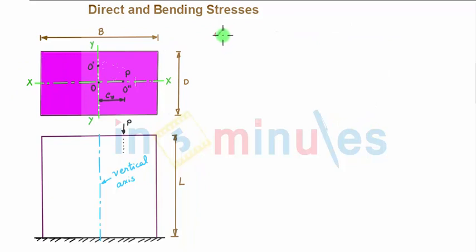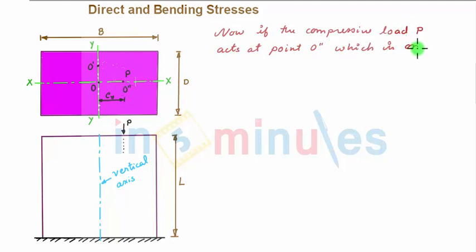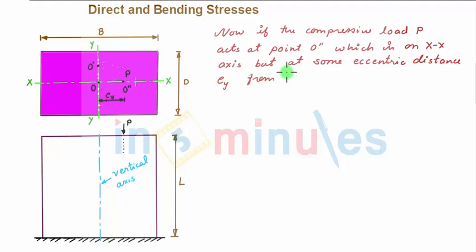Now again consider the same rectangular cross section column. Now if the same compressive load P acts at point O double dash as shown in the figure, which is on centroidal XX axis, but at some eccentric distance EY from the centroidal YY axis.